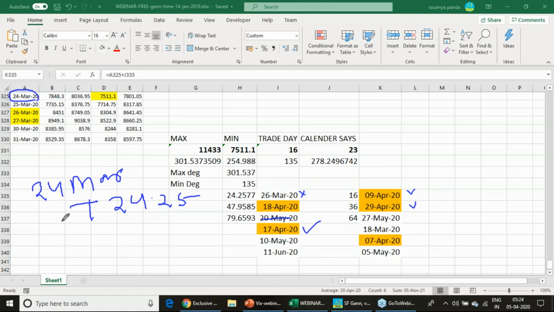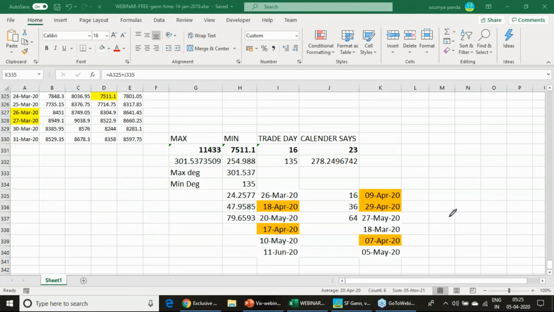If I add 47.95 to 24th March, I get 10th May. If I add 79.65, I will get 11th June. So I required only the month of April dates. So this is what I have calculated. So these are the dates.